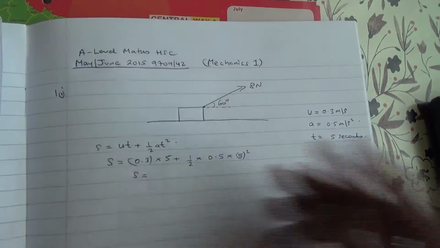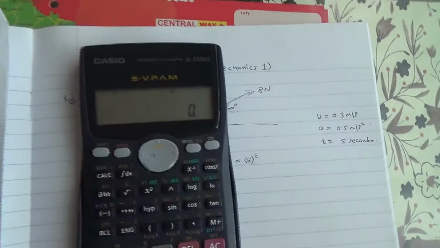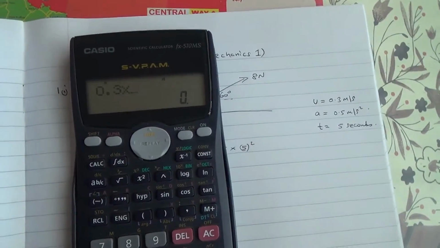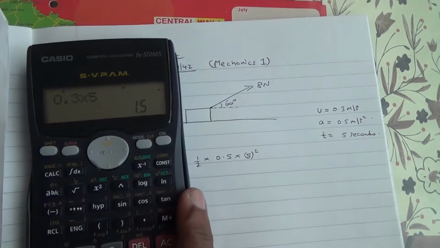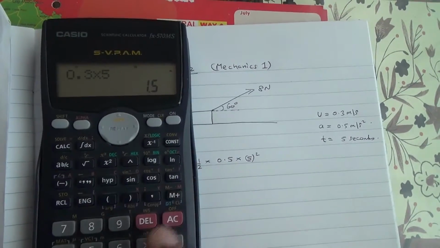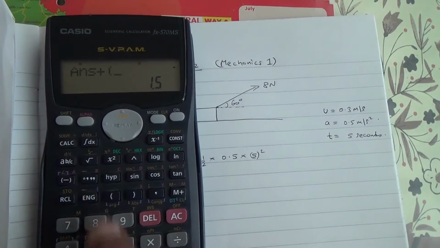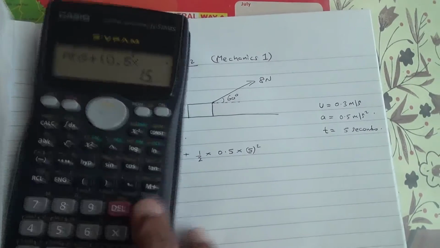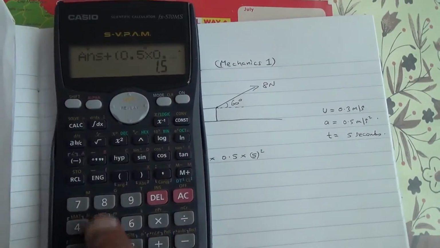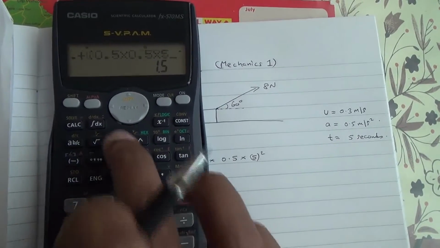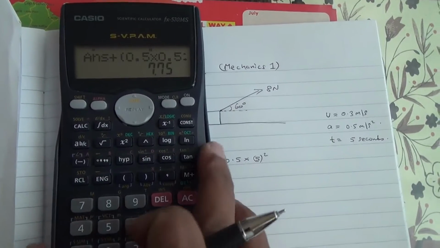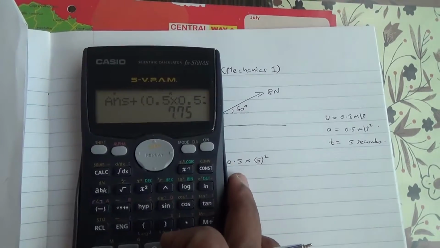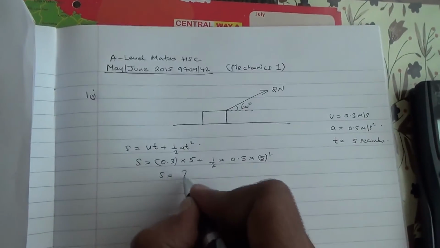So we have 0.3 times 5, plus half times 0.5 times 5 squared. It's going to give us 7.75 meters.